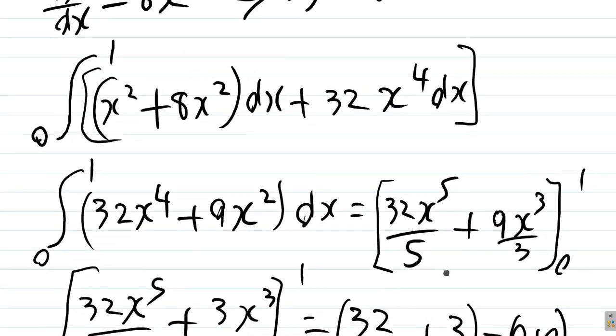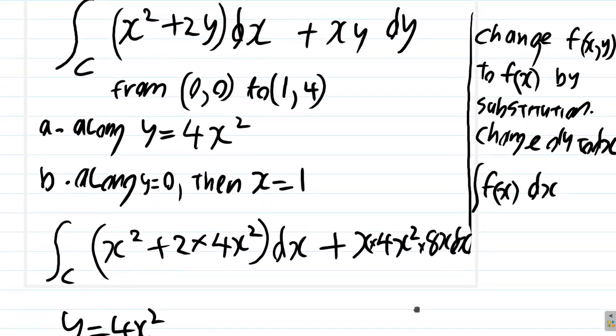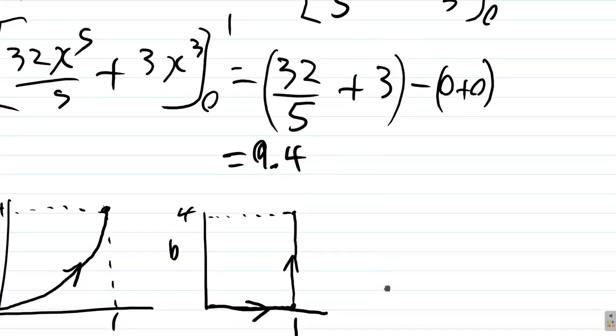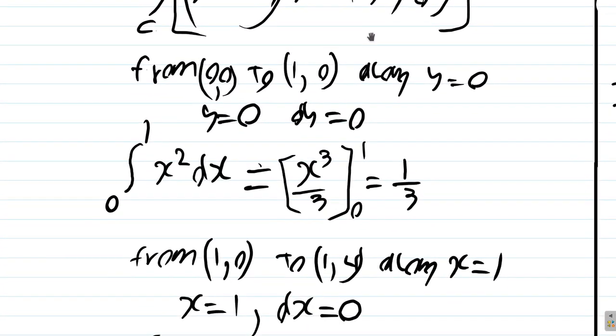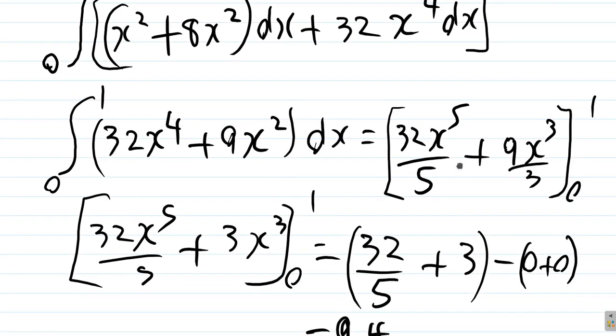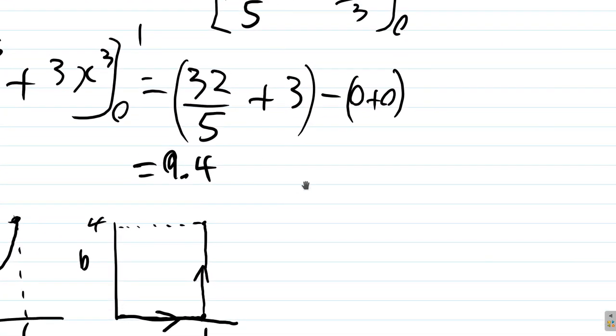What did we get for part A again? Did I erase it? Oh, 9.4.